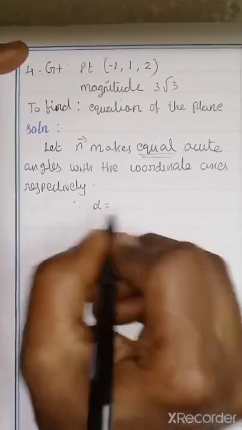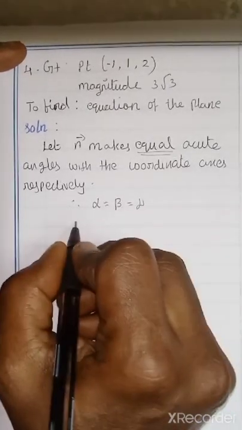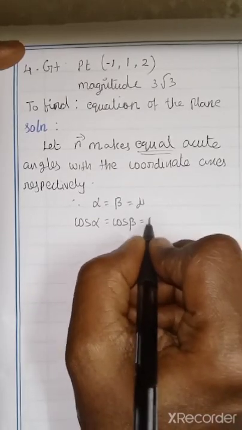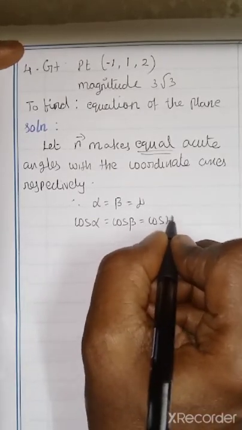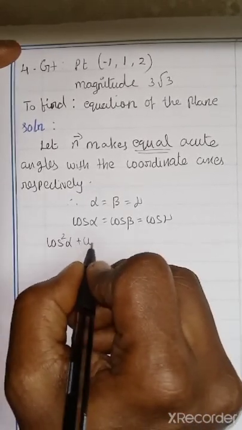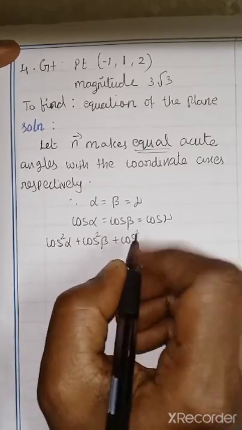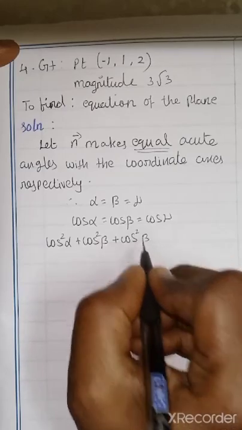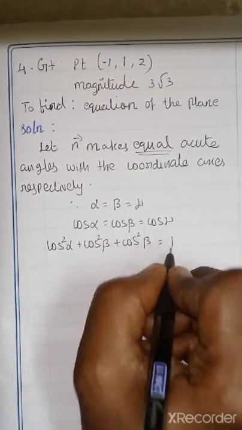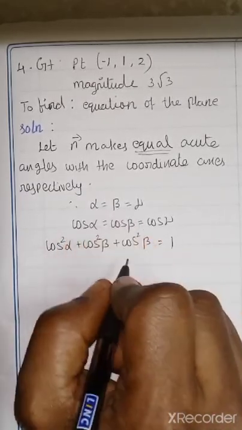So since it makes equal angles, now what we can take is alpha equal to beta equal to gamma. So we can take cos alpha equal to cos beta equal to cos gamma. And again, cos square alpha plus cos square beta plus cos square gamma equal to 1. This we know, but here alpha, beta, gamma are equal.